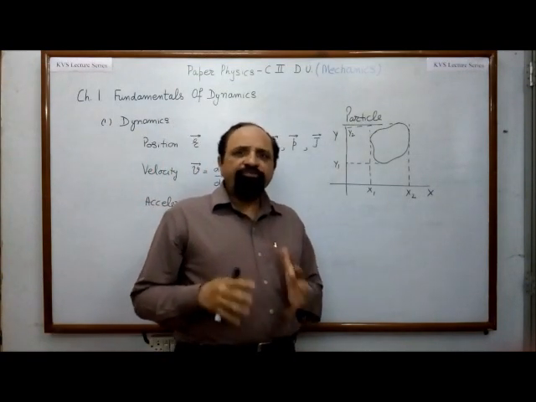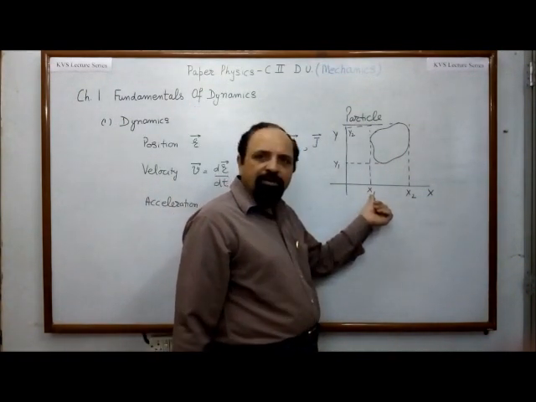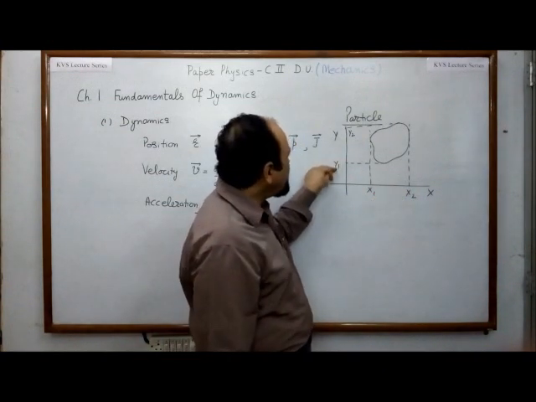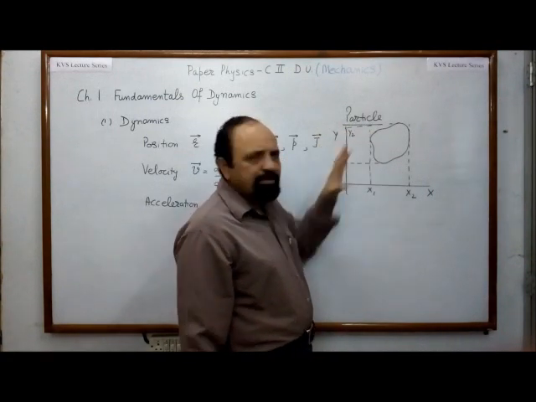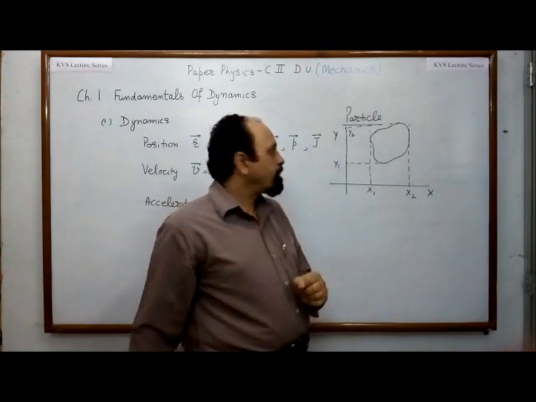It means in order to define the position, I have to give x1 as well as x2, and the same for y1 and y2. This makes the mathematics very complicated.